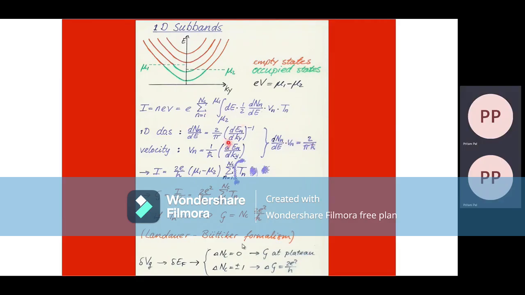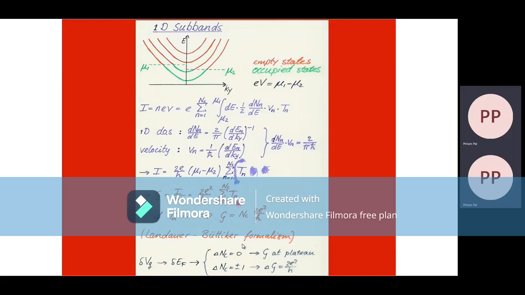Because when you sum up over all these conductance subbands, what you get is that the current is proportional to 2e² over h times voltage. And if your subbands have finite transmission, you have to add up the transmission of all the subbands. So the conductance is then n times 2e² over h, where n is the number of occupied subbands.